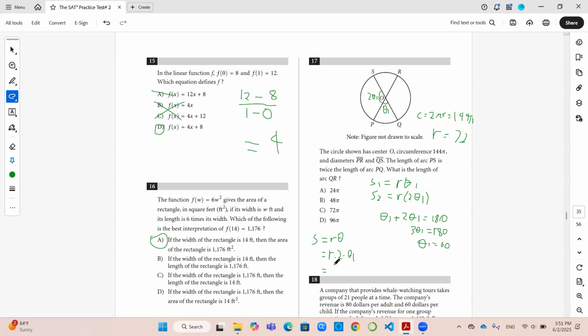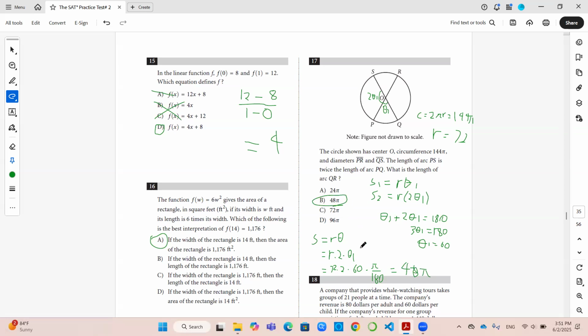So what is 72 times 2 times 60? And since this is in degrees, we need to convert it to radians, so pi radians over 180. 72 times 2 times 60 times pi over 180 is equal to 48 pi. So B is the correct answer.